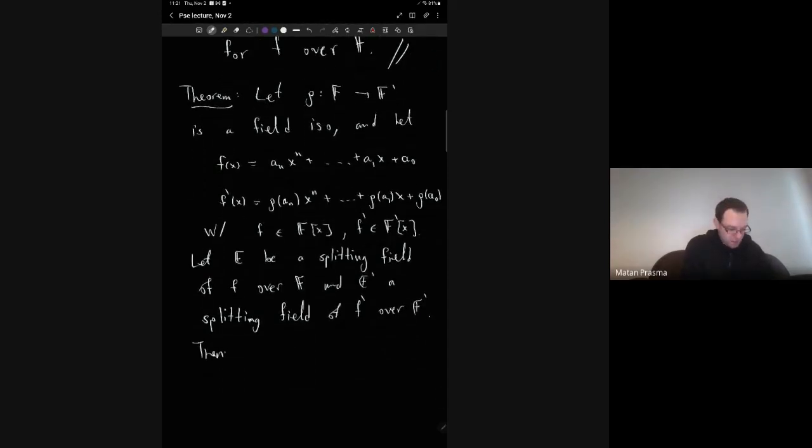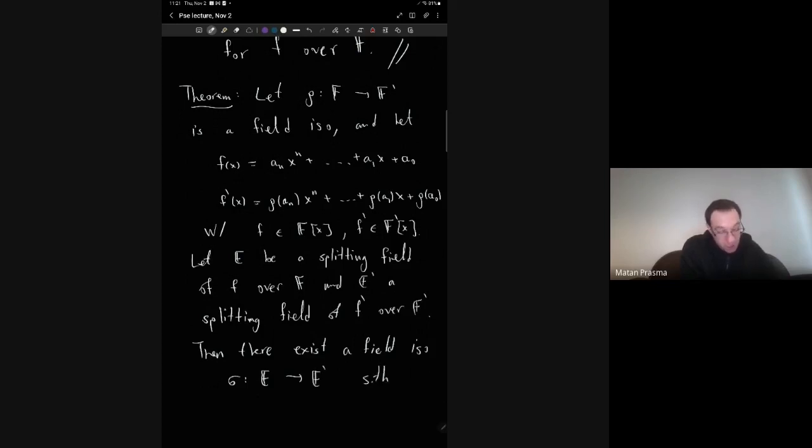Then there exists a field isomorphism, let's call it sigma, from E to E prime.